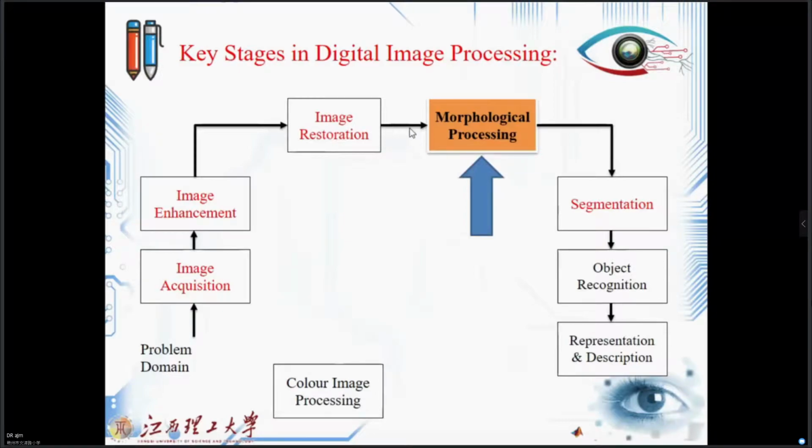In brief, we are here. Now, this is the morphological process that can help us to finish the cycle that we had. We finished image compression, and just object recognition and color image processing will remain.